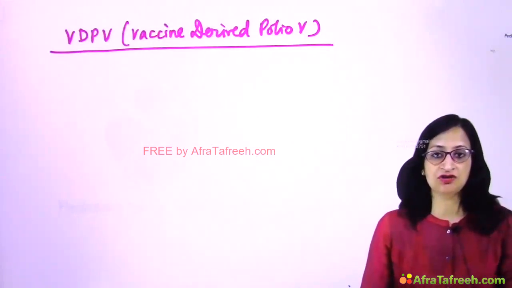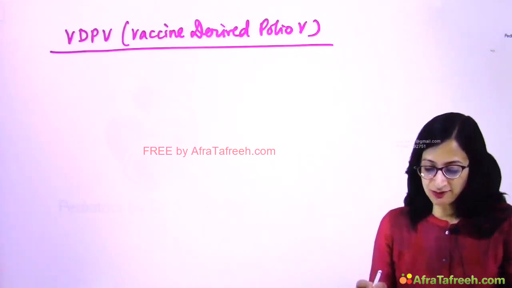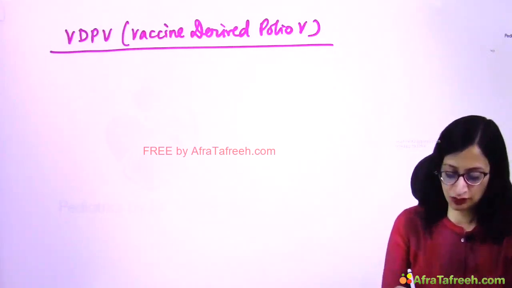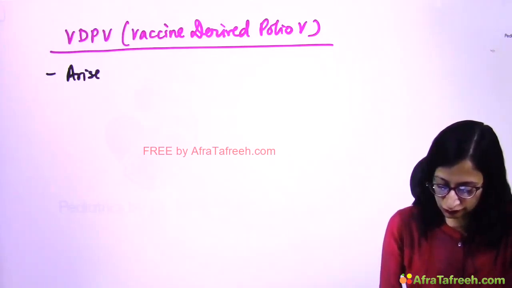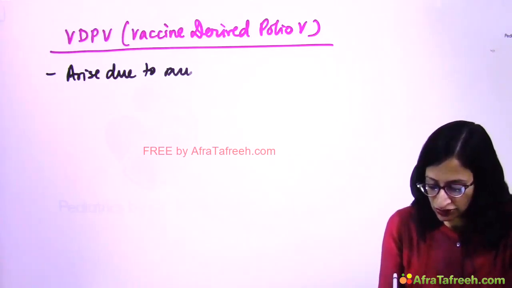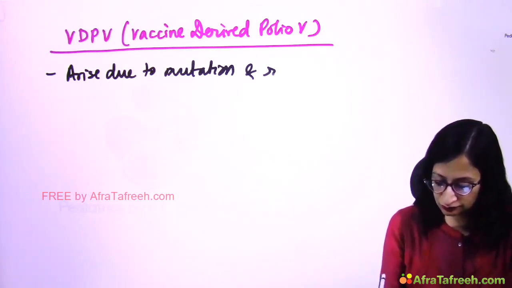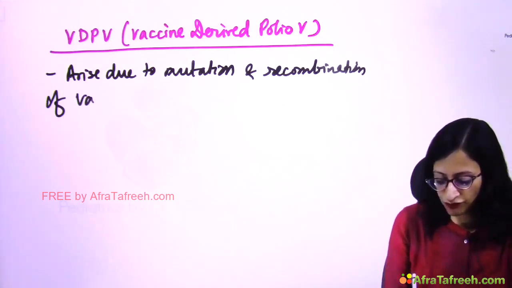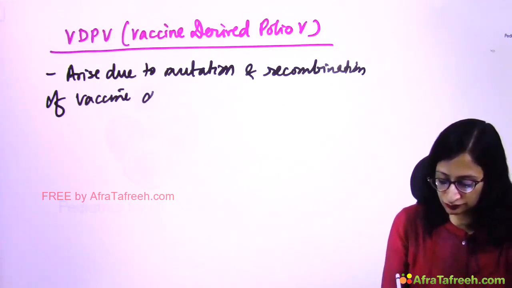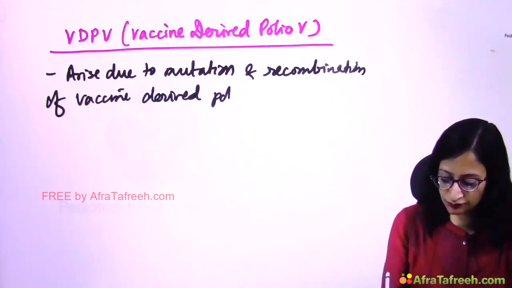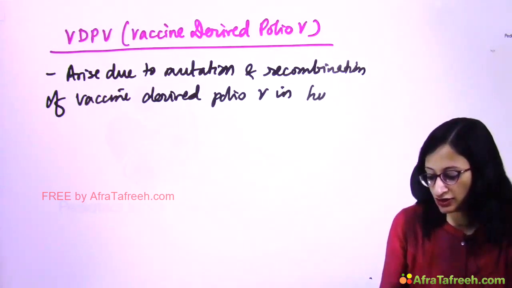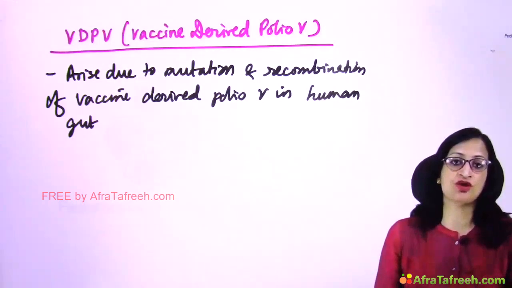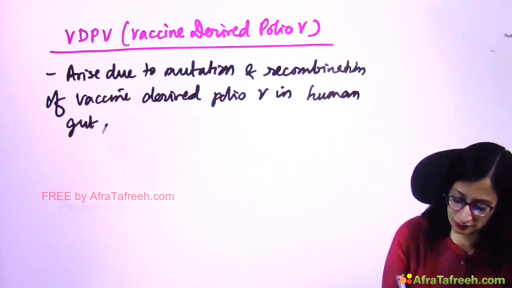VDPV arise basically due to mutation and recombination of vaccine poliovirus in the human gut, which are 1 to 15% divergent from the parent vaccine strain.